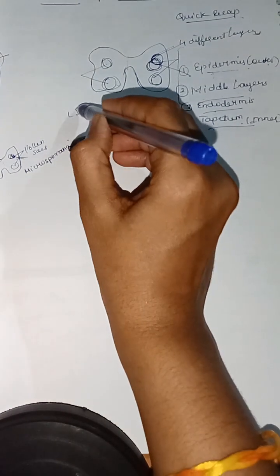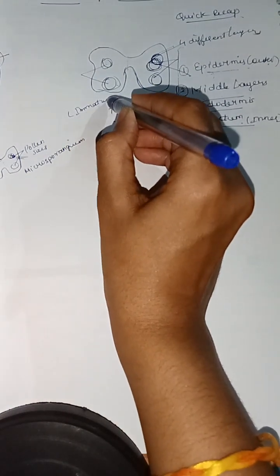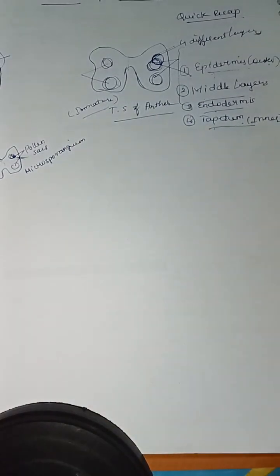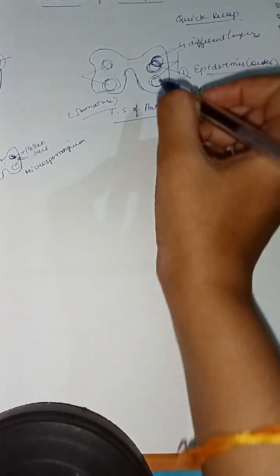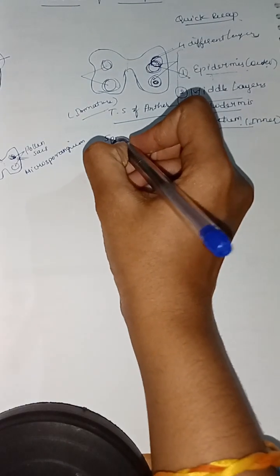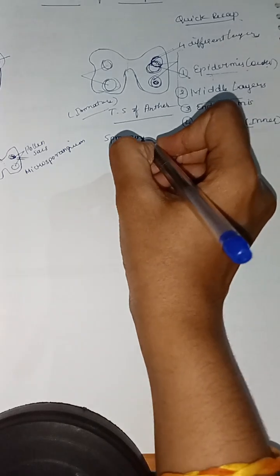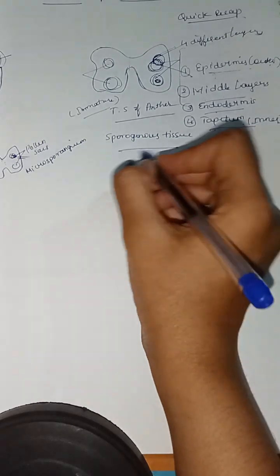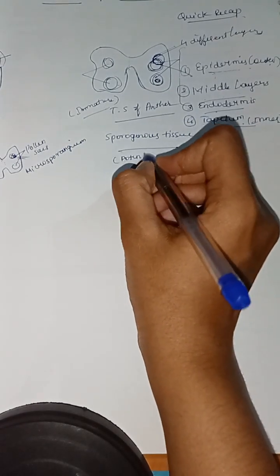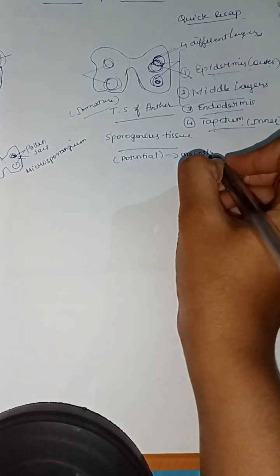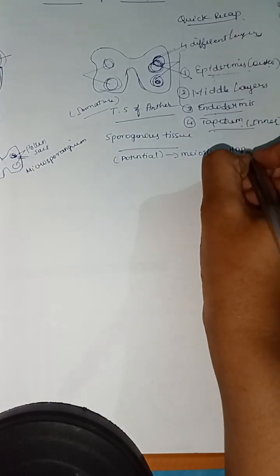This is the immature part; we will discuss the matured part later. In the middle we have a group of cells called sporogenous tissue. This sporogenous tissue has the potential to undergo meiosis and form haploid cells.